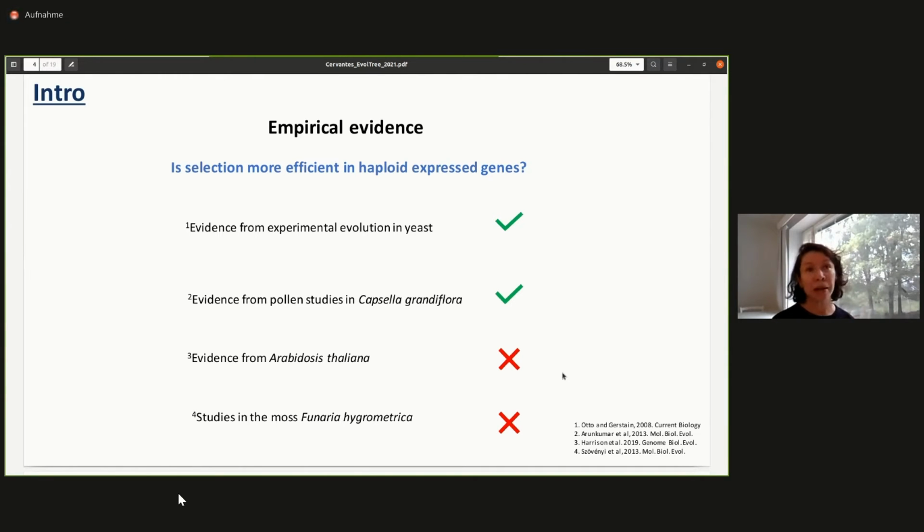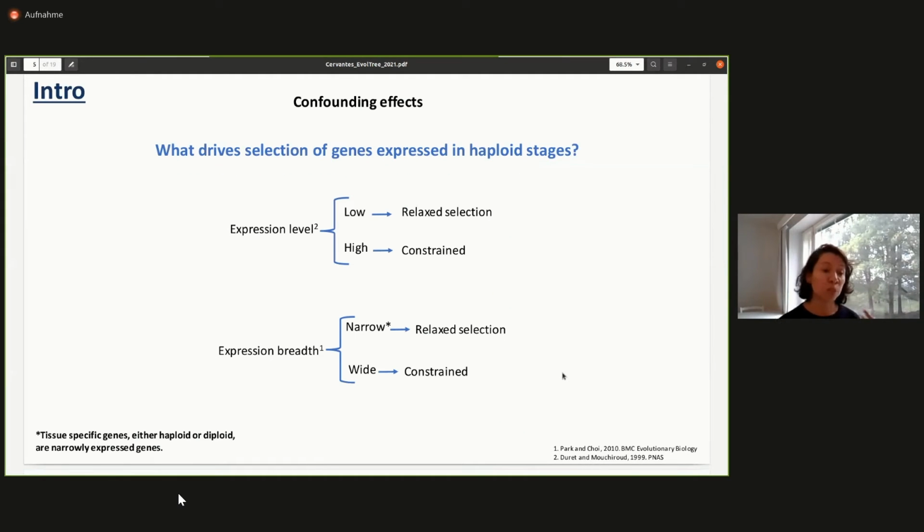But this is a bit controversial, because it's very difficult to separate haploid selection per se from the selection that you will have from sexual competition, or pollen competition in the case of plants. And there are other works that do not support the masking hypothesis. The reason for this is that we have another layer of confounding effects, and that is gene expression. Gene expression has its own evolutionary expectations.